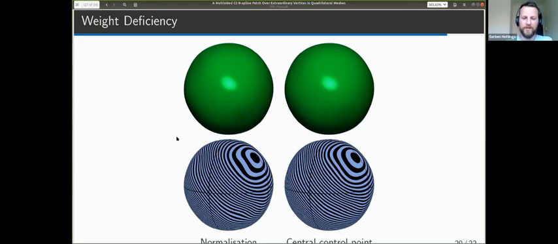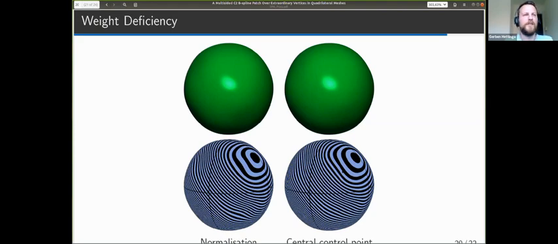If we use normalization, you can see a slight dimple in the center of this triangular patch. We can use the central control point to lift this up, but this requires some manual setting of the central control point, which is also something that you don't want. In general it's hardly noticeable, but it's still there.